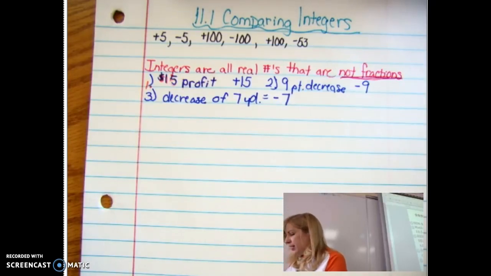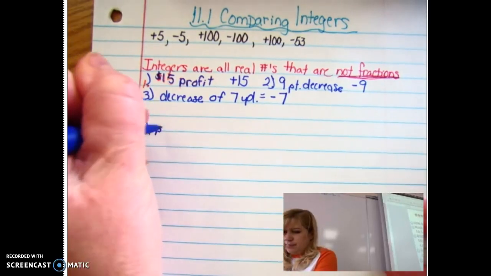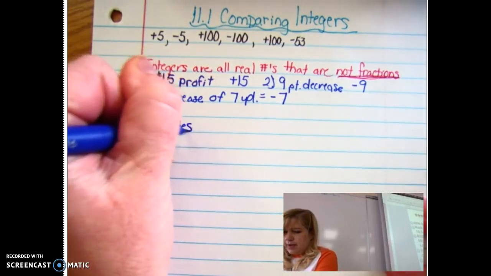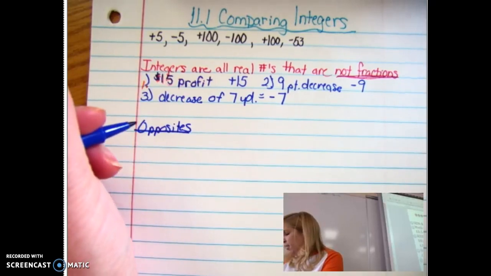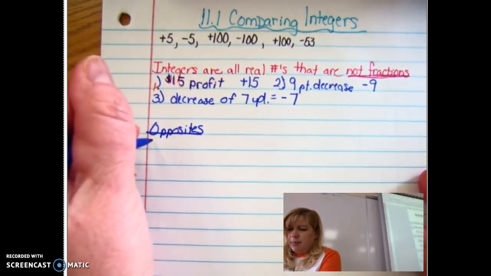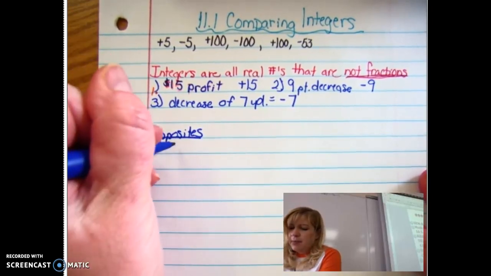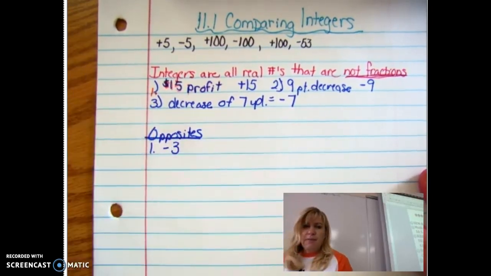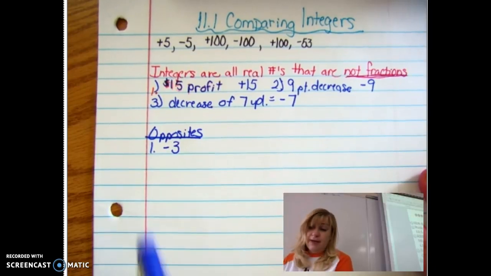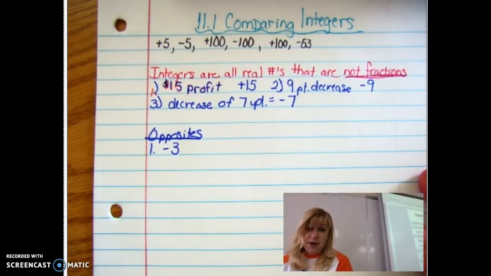So then we are going to talk about the opposite numbers. I just want you to think in your head quick and take a guess. I'm going to put this number down. What do you suppose the opposite of this is? You can pause it and write it.